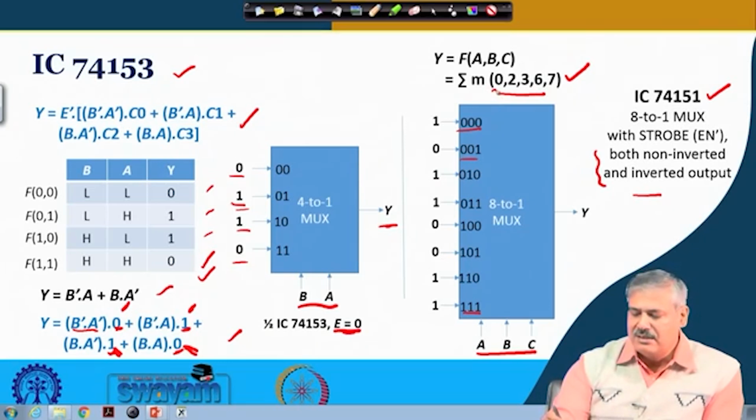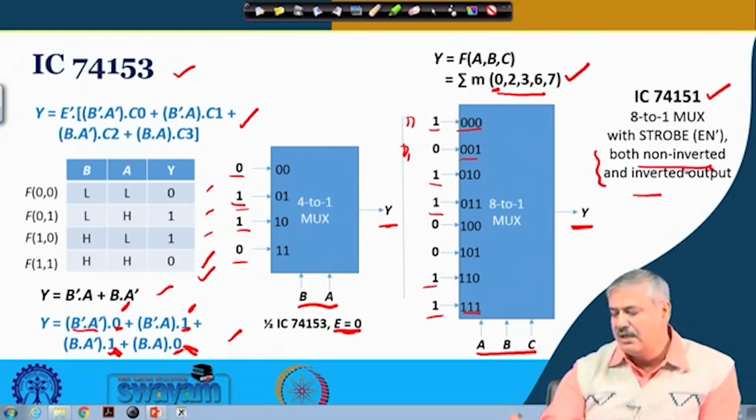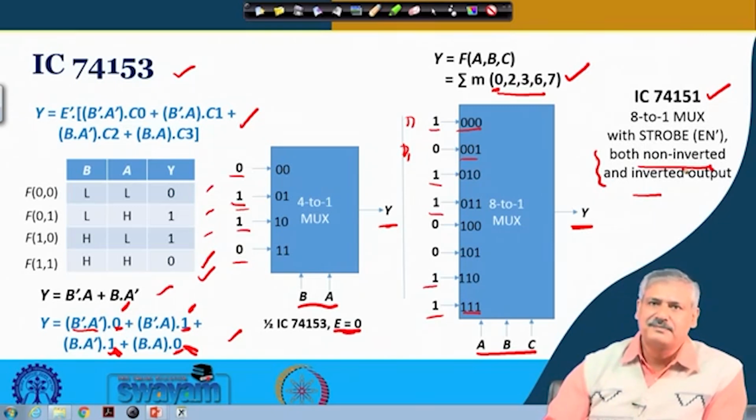So, 0 is there, so in place of d0 we will put 1. Then min term 1 is not present, so in place of d1 we shall put 0. Accordingly, for 0, 2, 3, 6, 7 we put 1 and the rest of the places we put 0, and we take the output from the non-inverted output and the function is realized.